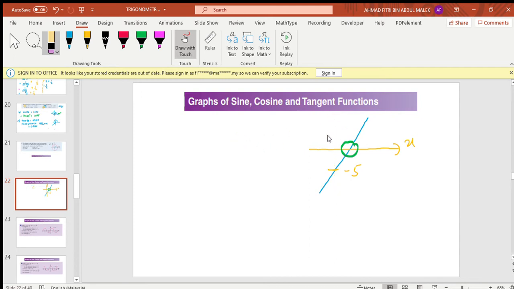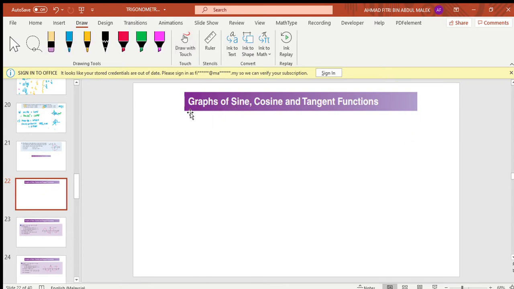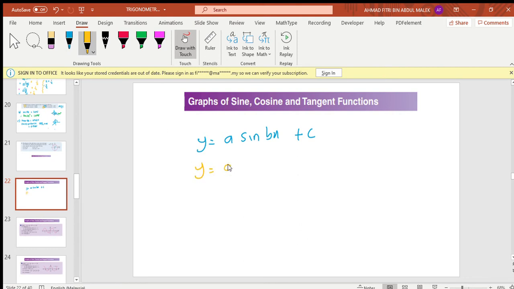Firstly, the general form of the sine function is y = a sin bx + c, the cos function is y = a cos bx + c, and lastly the tangent function is y = a tan bx + c.